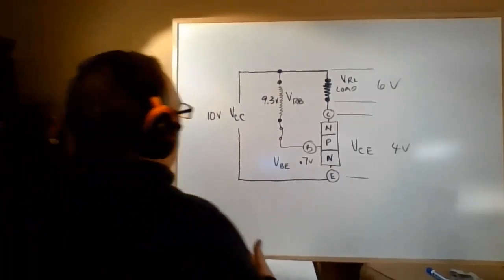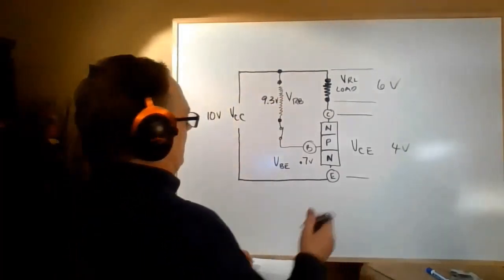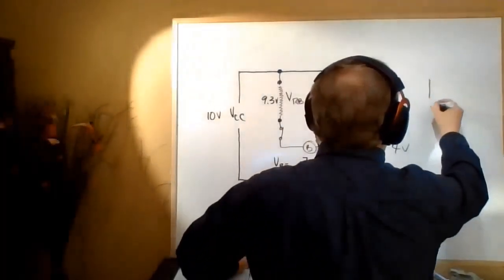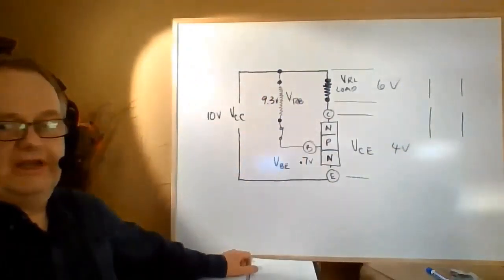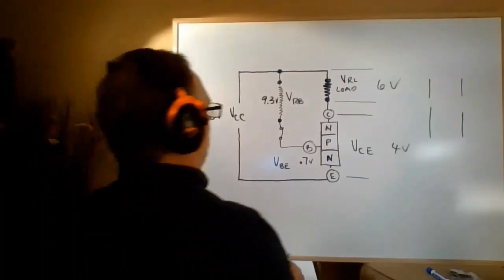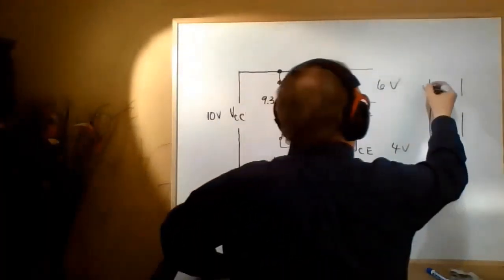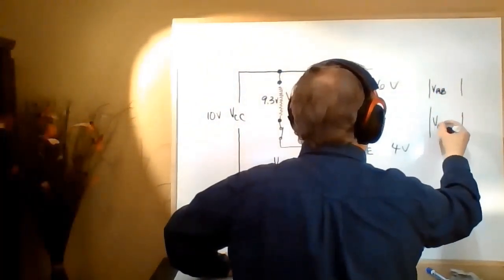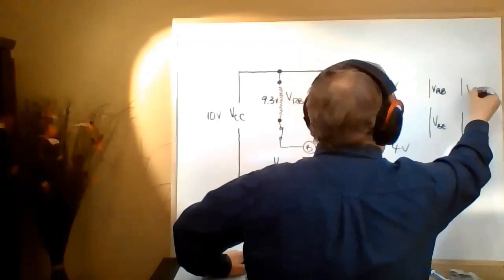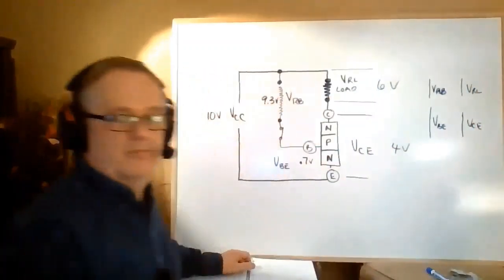So how would I simplify this? Any time you look at a transistor circuit, you're looking at 2 branches with 2 voltages each. Here you've got VRB and VBE in series, and here you've got VRL and VCE in series.